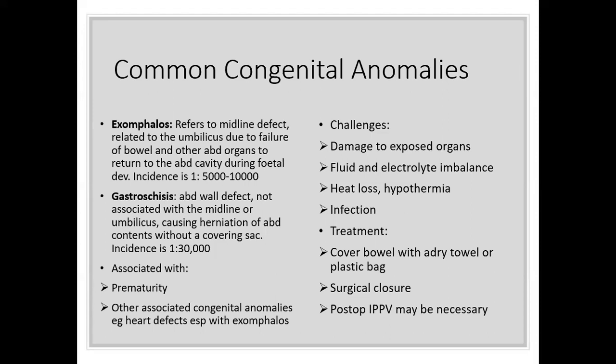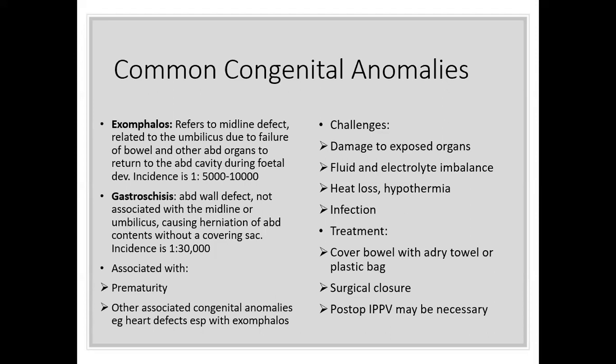We know that most of the bowel and other intra-abdominal organs should return into the abdominal cavity during fetal development. But when this fails, these intra-abdominal organs remain outside of the abdominal cavity. And that's where you have omphalocele.